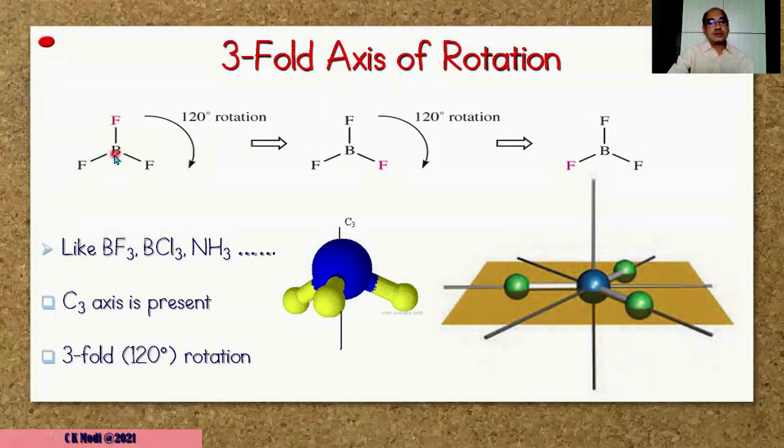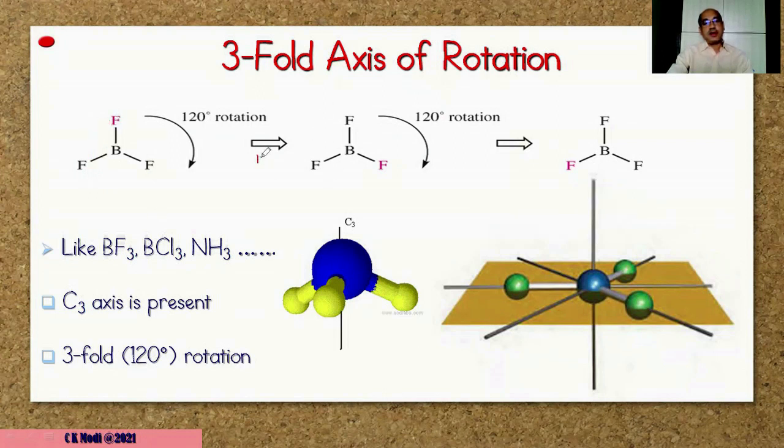Now, for a cyclic operation, if we pass an imaginary line through the center, passing from here, and perform a cyclic rotation, what will happen? This F comes over here, this F comes over here, and this F comes over here.